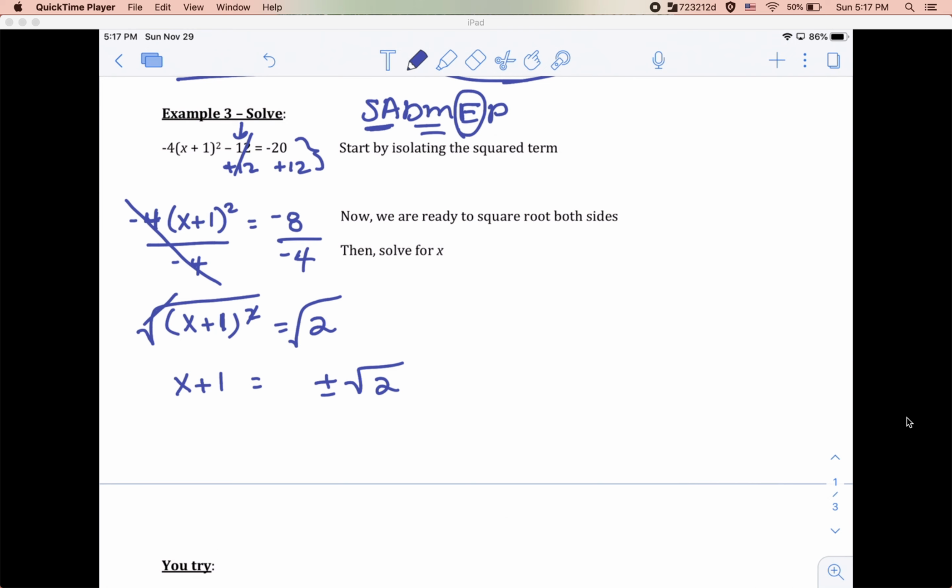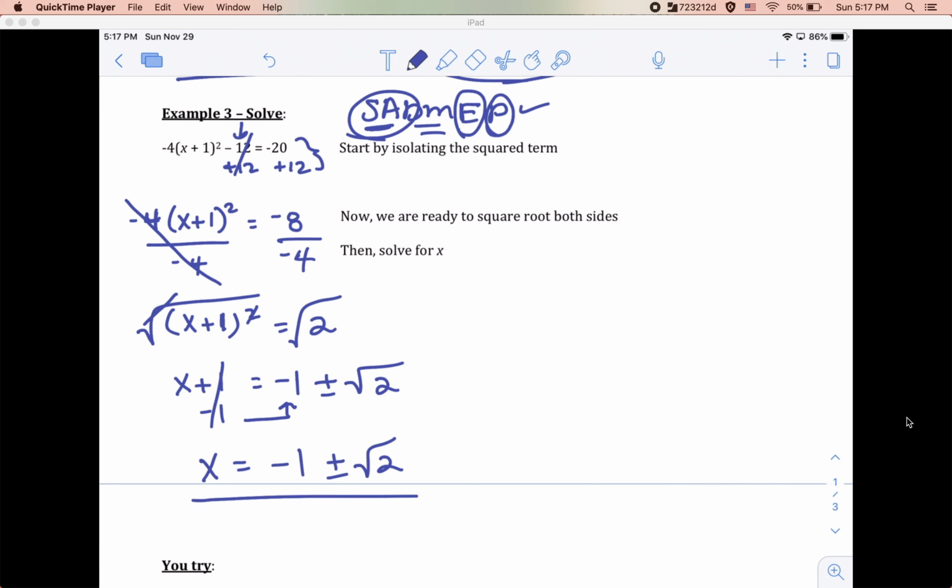That has in turn unlocked the parentheses, and we are now ready to start all the way back over with any subtraction, addition, or division, multiplication to get your variable by itself. In this case, we have adding 1, so we're going to subtract 1, and protocol says put it in front of the plus or minus. So you end up with a beautiful x equals negative 1 plus or minus the square root of 2. That's two different answers written as 1.